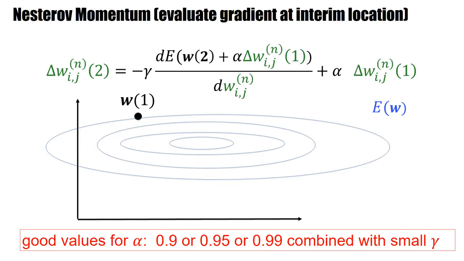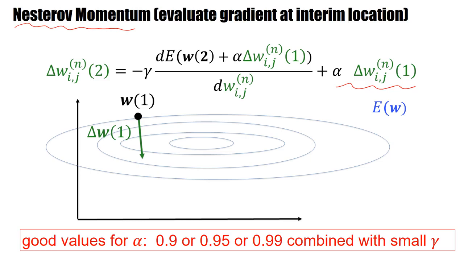There's a variant of the momentum method which is called Nesterov momentum, and it works like this. The first step is as usual, and now we say, okay, we know that we'll use a momentum term.